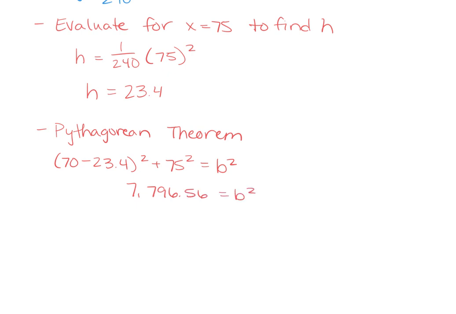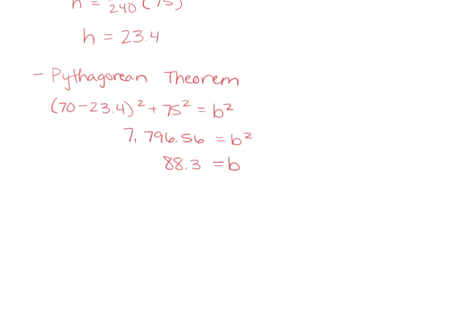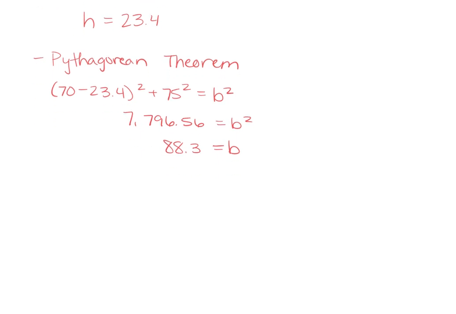Take the square root, and we would get 88.3 for b. So that means that each of the braces needs to be 88.3, and it is in centimeters.